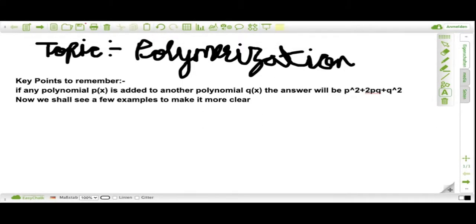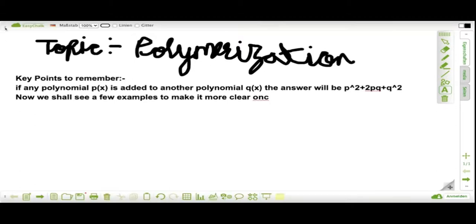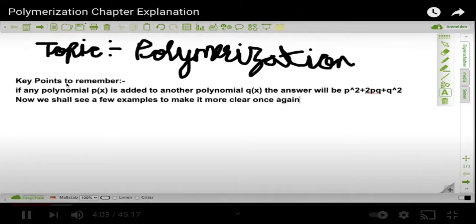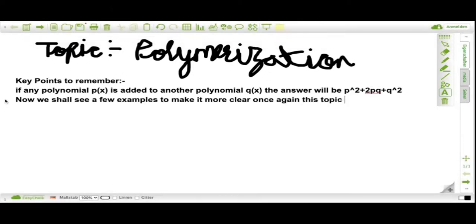It's just loading a little bit. Hold on a minute. The problems are coming. This topic is about factoring of identities.